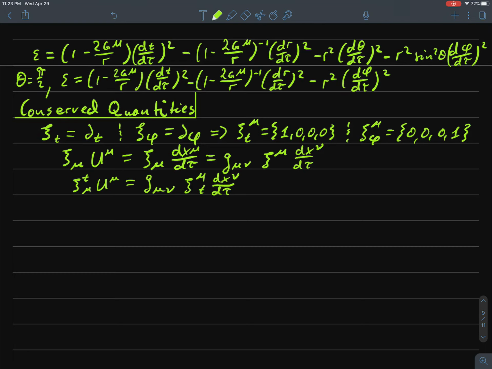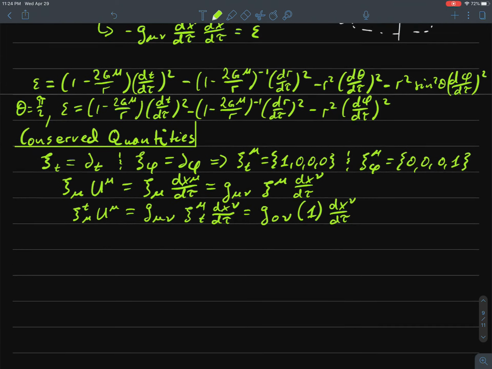Now, for the temporal component, keep in mind that the only non-zero part is when mu is 0. So what that means is that this sum here only extends over 0 and the rest are 0. So I'm going to get g0 nu, and then I'm going to have a 1 here from the 0 component, dx nu d tau.